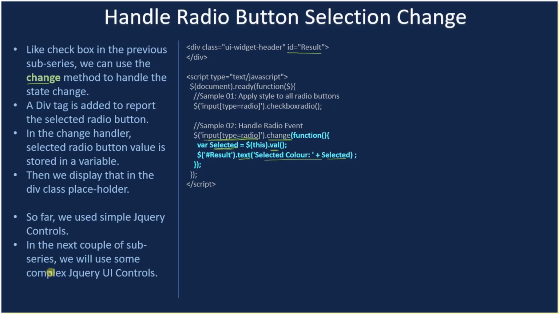So this gave you an idea of how we can convert the existing HTML tags into jQuery enabled UI elements. And then if you see how we are accessing the functionality, here we are accessing the change functionality because we already converted this radio button into a jQuery API radio button.